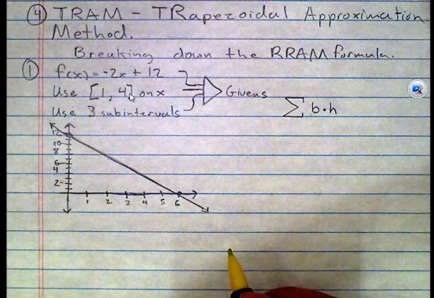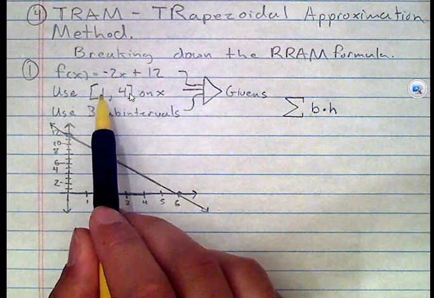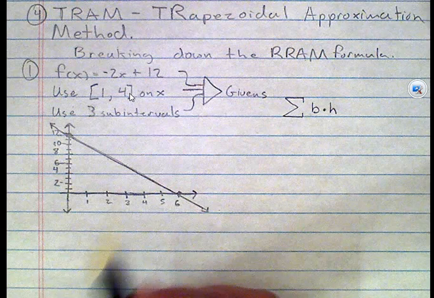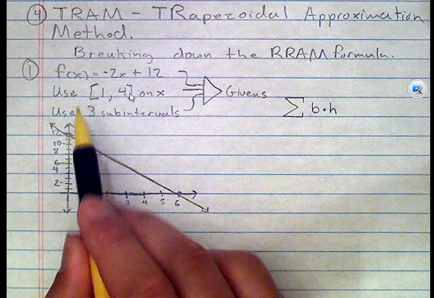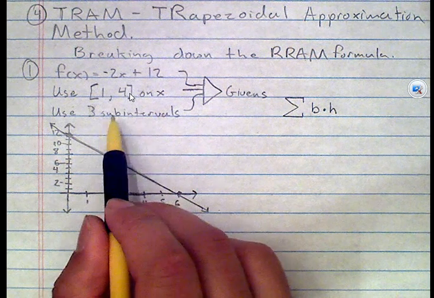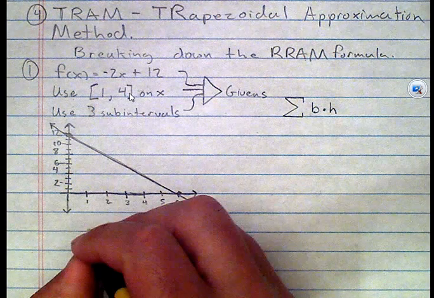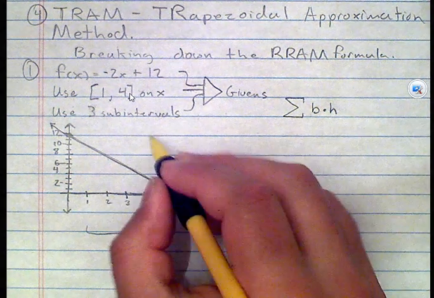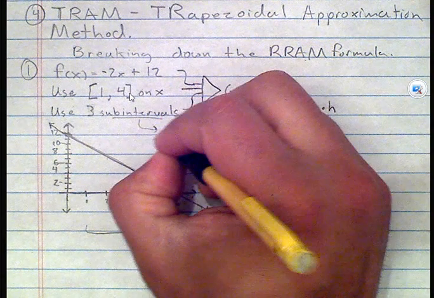The easy way is basically using the graph and the givens to figure out the areas and just add them up. So let's start with the easy way. We're on the interval 1, 4 on x. We're going to use 3 subintervals. So we're sticking to this interval right here, 1 to 4, and we've got 3 subintervals. That means three rectangles, if you will.